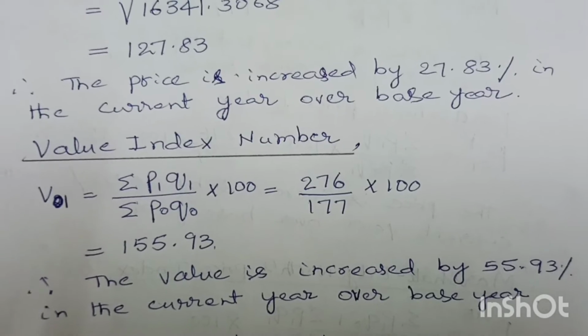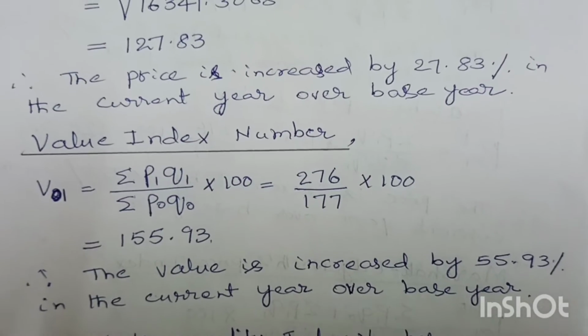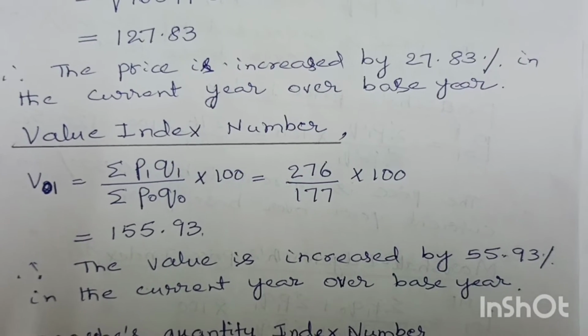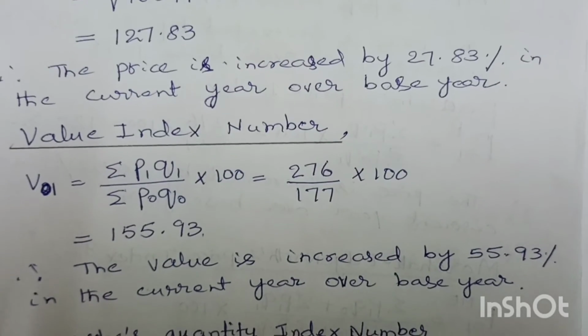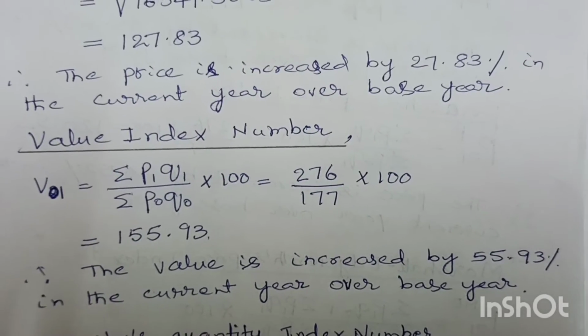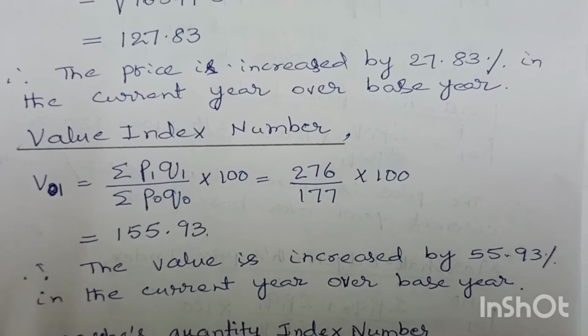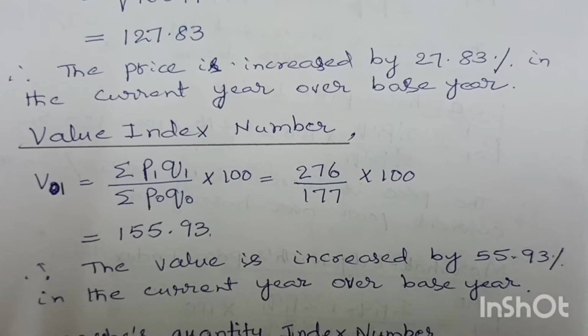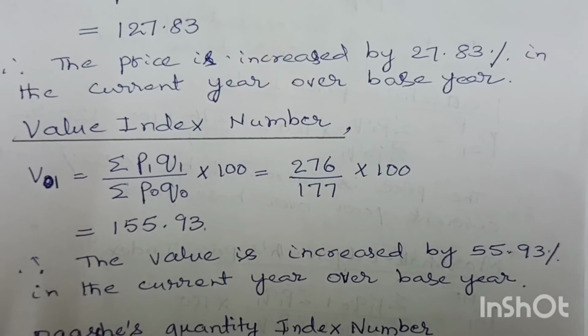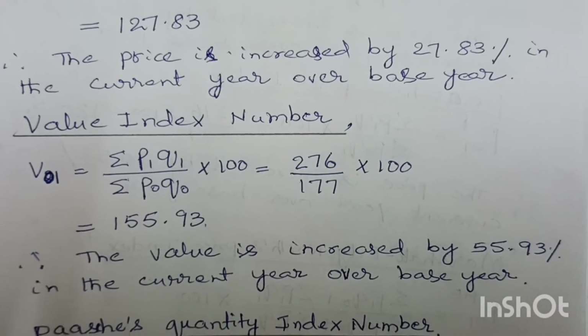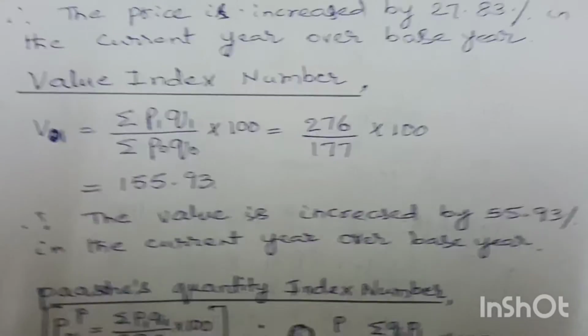Okay. So all the different price index numbers and also the value index number have been shown. Now they have asked you to find Paasche's quantity index number. For any quantity index number, once you know the price index number formula, just write down the price index number and change it to the quantity index number.